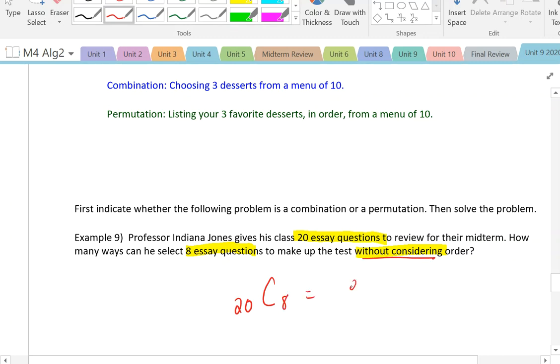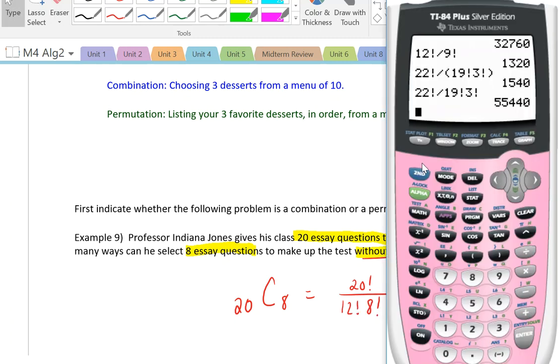20 choose 8 is 20 factorial over 12 factorial times 8 factorial. I want the one with the parentheses if you're using the copy and paste strategy. 20 over 12 factorial, 8 factorial.